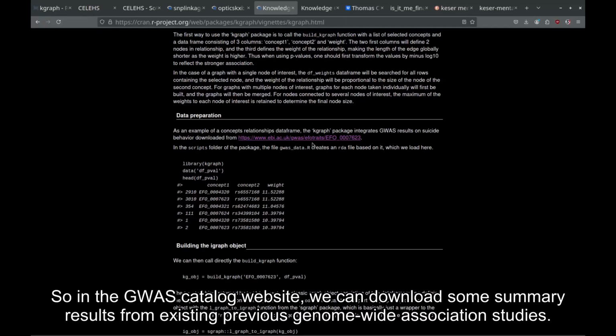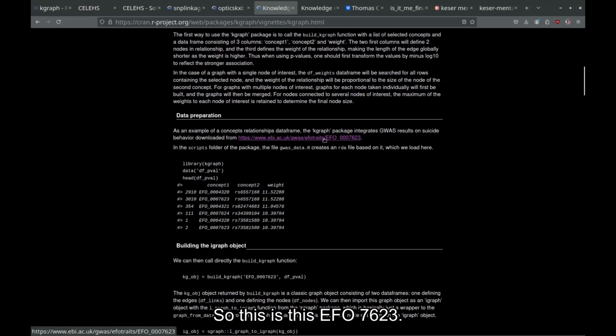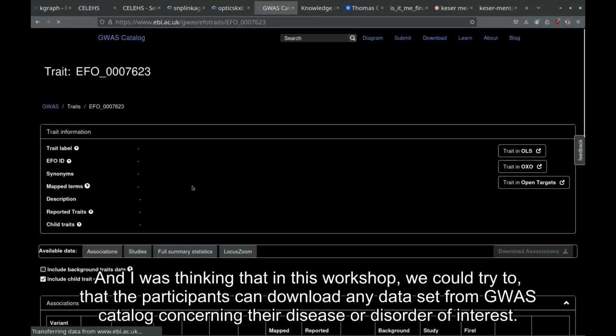So in the GWAS catalog website, we can download some summary results from existing previous genome-wide association studies. And the example I took in the vignette is for my main research focus at the CLS lab, suicidal ideation and suicidality in general. So this is EFO 7623.